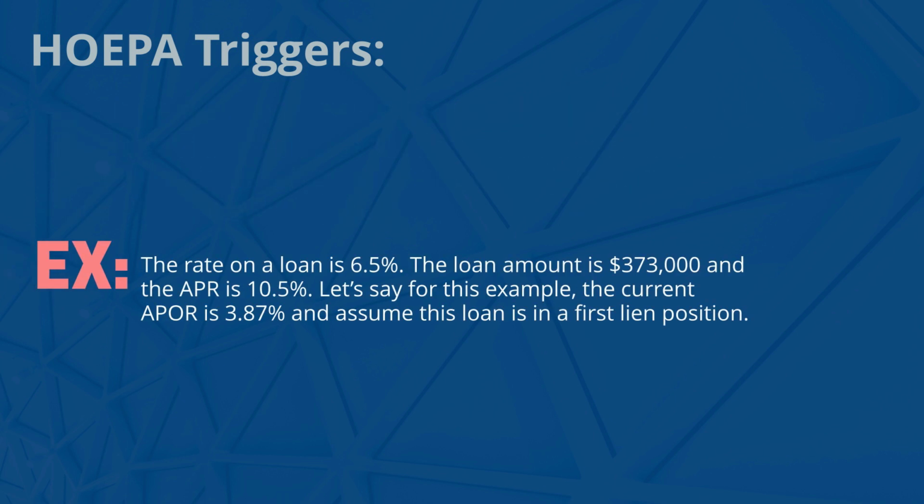The rate on a loan is 6.5%. The loan amount is $373,000 and the APR is 10.5%. Let's say for this example, the current APOR is 3.87% and assume this loan is in a first lien position.